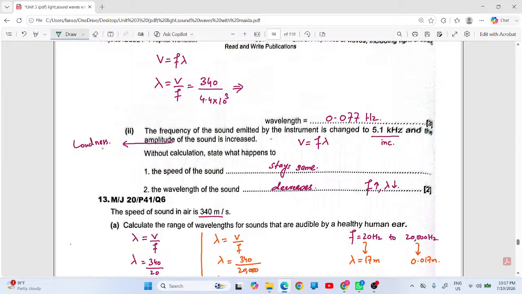Amplitude depends upon loudness and pitch depends upon the frequency. Amplitude भी ज़्यादा हो रहा है और frequency भी ज़्यादा हो रही है। तो the speed of the sound stays the same and the wavelength of the sound decreases.